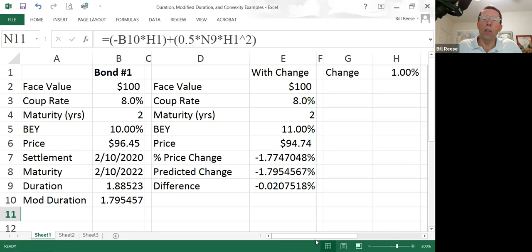So we're not going to have a lot of examples where we're going to be using convexity, but I want you to understand what it is and how it gets incorporated to give us a more precise approximation of the change in the price of the bond when interest rates change. So you should be good now to understand duration, modified duration, and convexity.